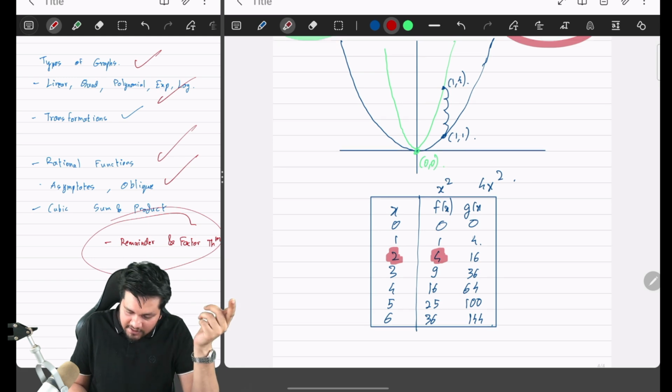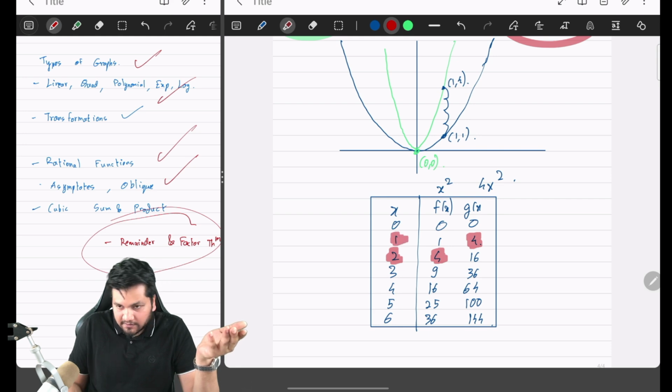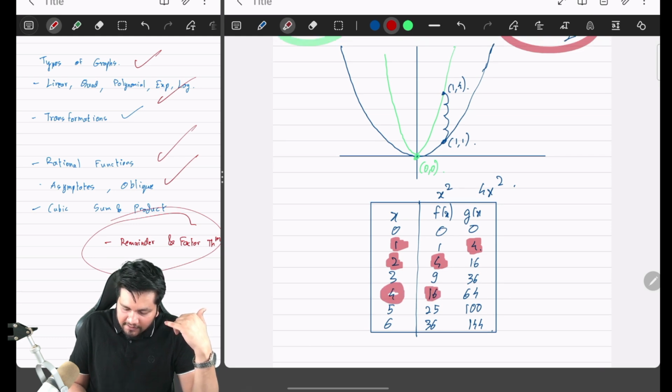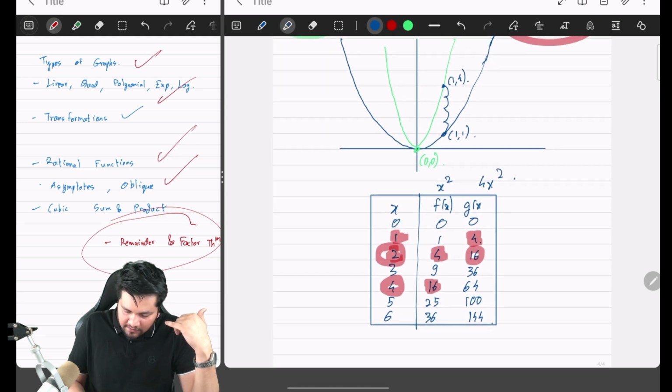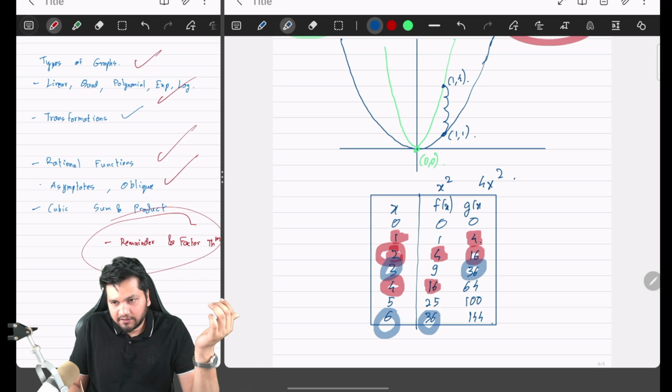Now I'm getting that same 4 output at half of the value. Previously I used to get 16 as the output at 4. Now I'm getting that same 16 output at half of the value, which is 2. Previously I used to get 36 as the output at 6. Now I'm getting that same 36 output at half of the value, 3.